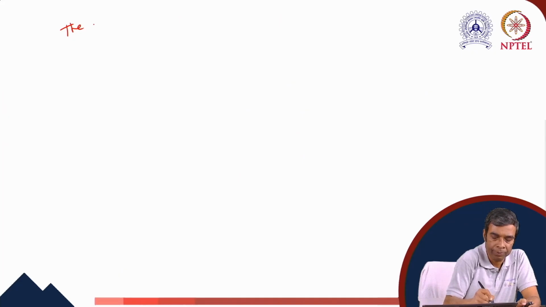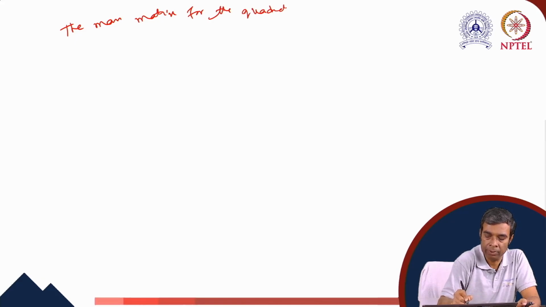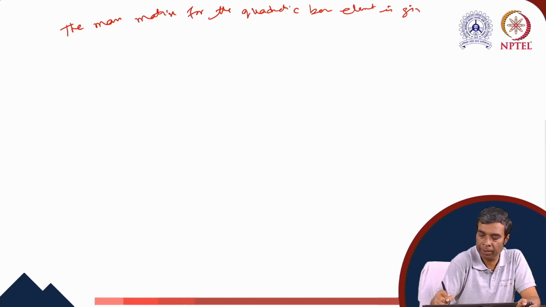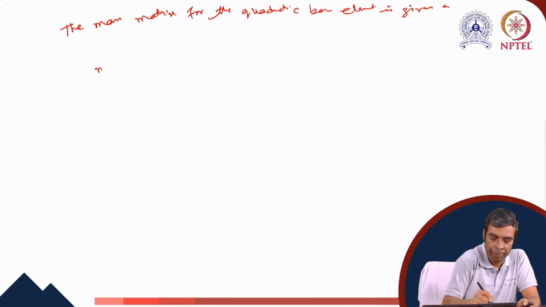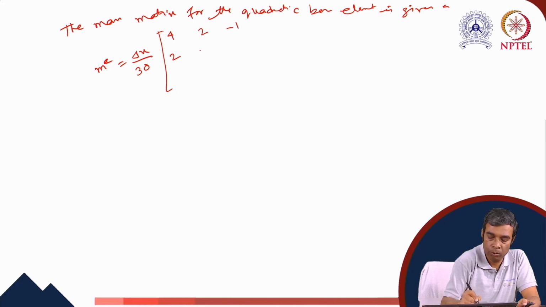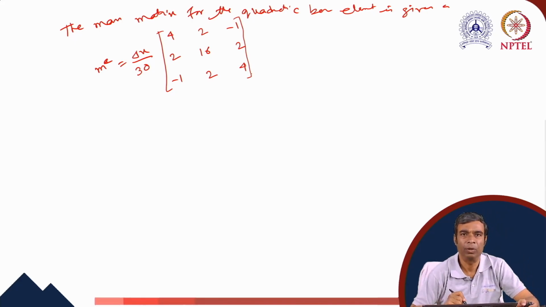The mass matrix for the quadratic bar element is given as ME equals delta X by 30 into 4, 2, minus 1, 2, 16, 2, minus 1, 2, 4. The quadratic mass matrix we have already calculated in the previous week.